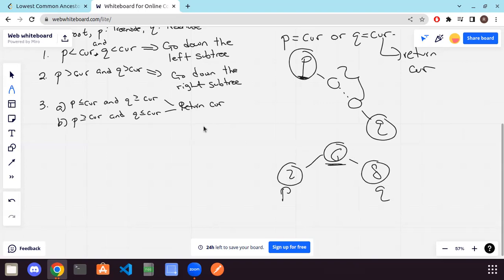For example, let's say you have this node here, we'll call this A, you have P here, and you have Q here, and you have a bunch of nodes along the way.